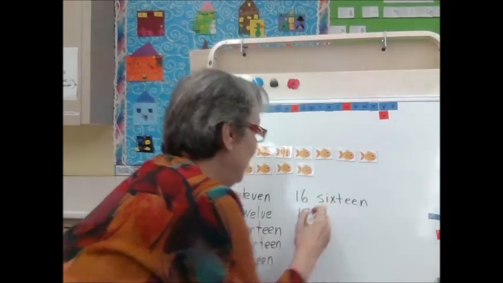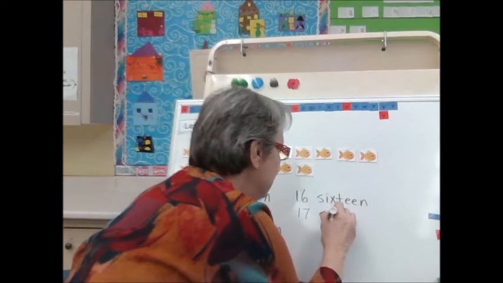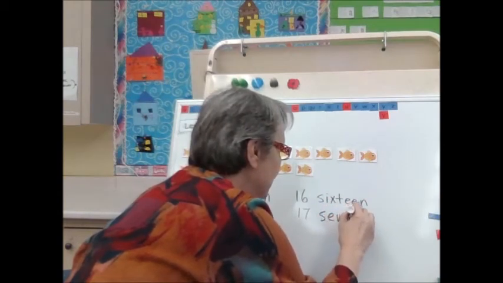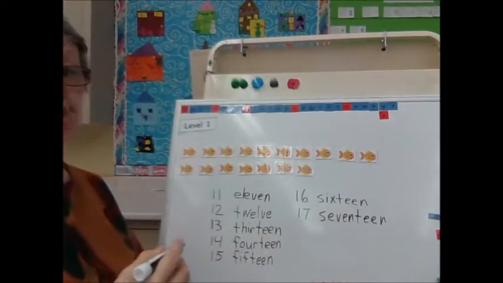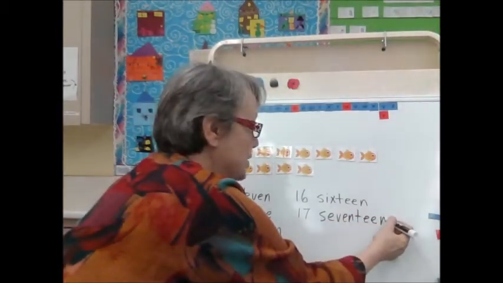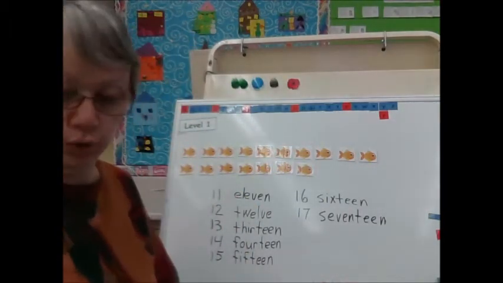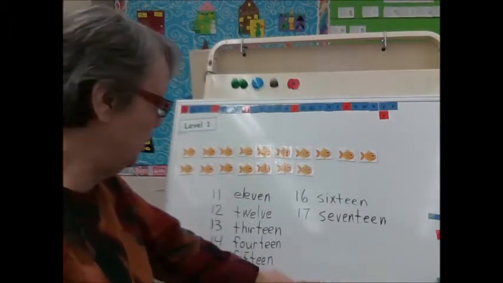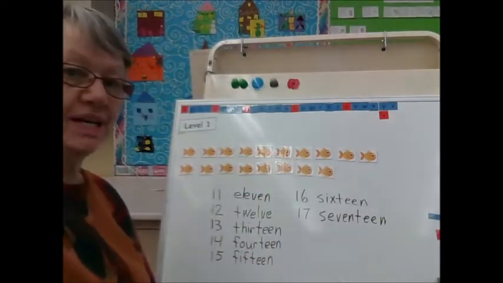I hope you are getting all the numbers. I'm sure you are. So we need to write down each number as we add another fish, okay? So we are now at 17 goldfish. Let's keep going. We're going to add another goldfish. How many is that?